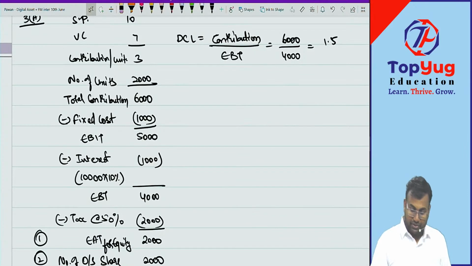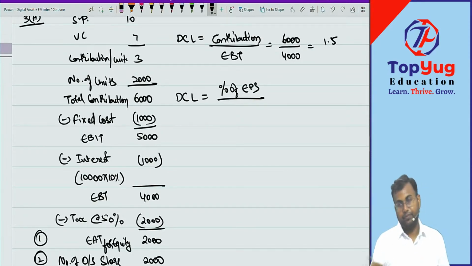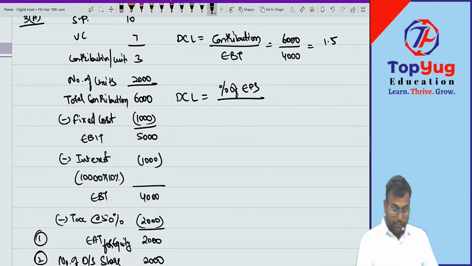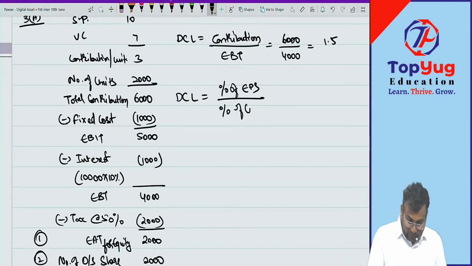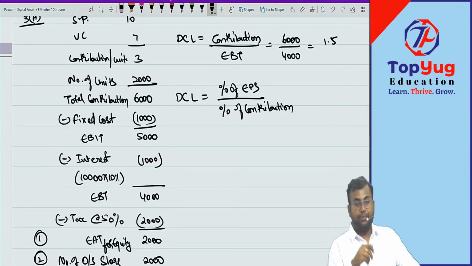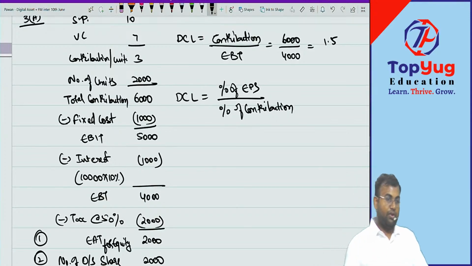There is one more formula for calculating degree of combined leverage, that is percentage change of EPS divided by percentage change in contribution. Yes, we know the change in sales will be the same change in contribution. Do we know this? So can I say even the change in contribution is 20%?